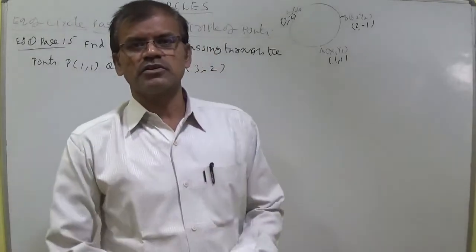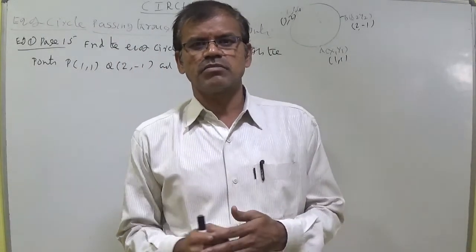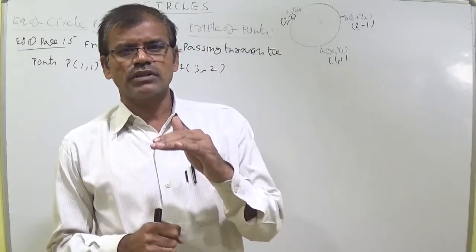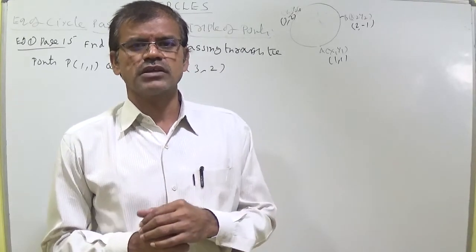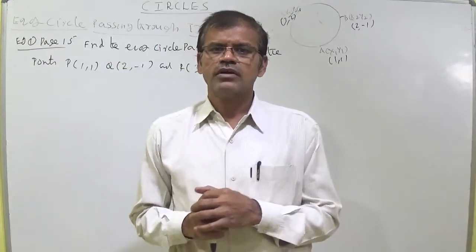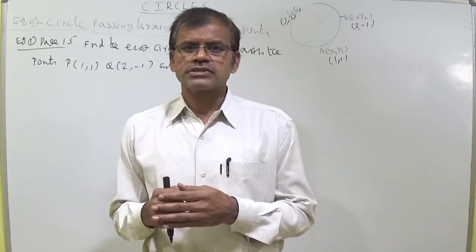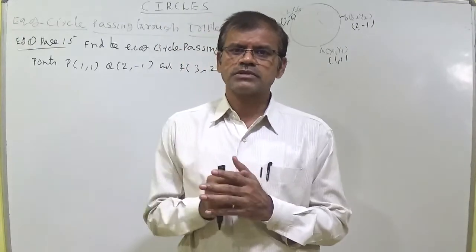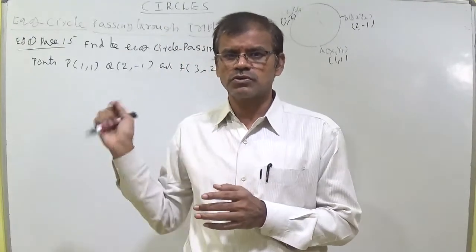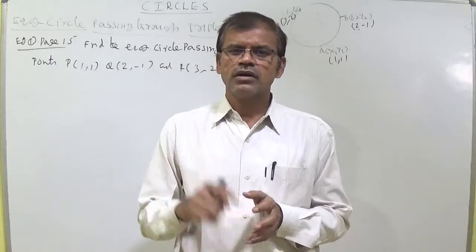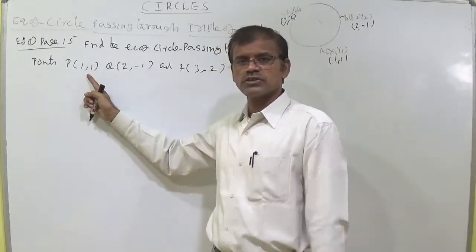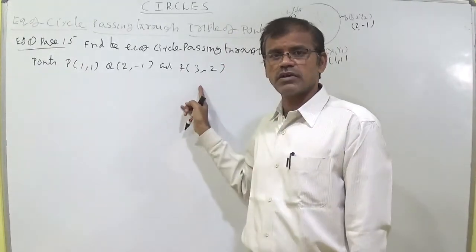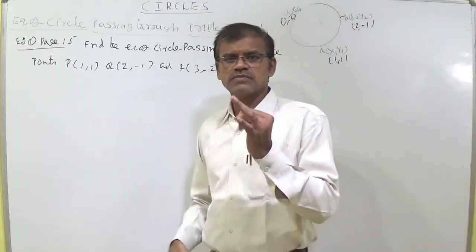Generally, four methods are there to calculate the equation of a circle passing through 3 points. But the general method is that we should think of the required circle in the standard form: x square plus y square plus 2gx plus 2fy plus c equal to 0. Put this as equation number 1. Since it is passing through each point, substitute each value and you will get g, f, c terms.